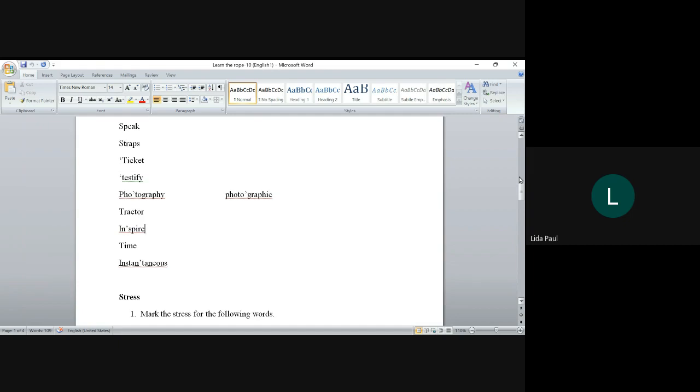Photographic. It is photography, but the moment you add the IC suffix to it, the stress changes. The pattern shifts. Now the stress is on the third syllable, graph. Okay, are you with me? Yes, ma'am. So in photographic, the ter cannot be aspirated.